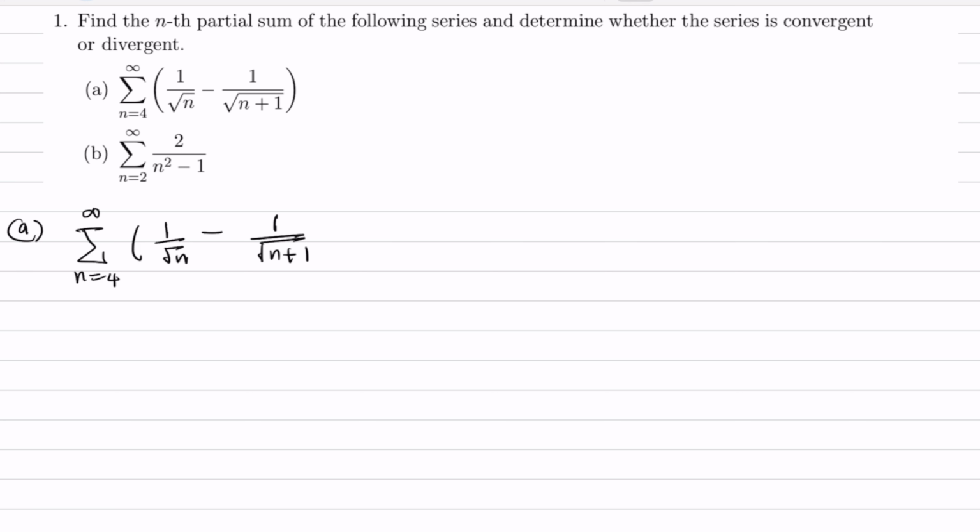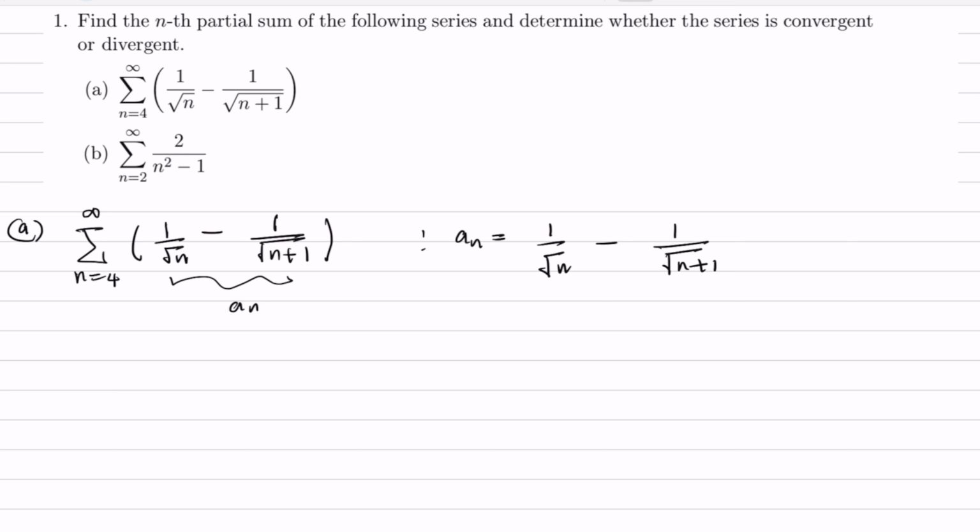Do you see that? Let me call this my sequence an. Don't forget that I said a series is just the summation of a sequence, right? So my sequence here is 1 over square root of n minus 1 over square root of n plus 1. Now, I want to find the nth partial sum.